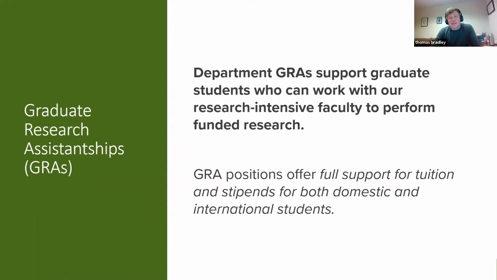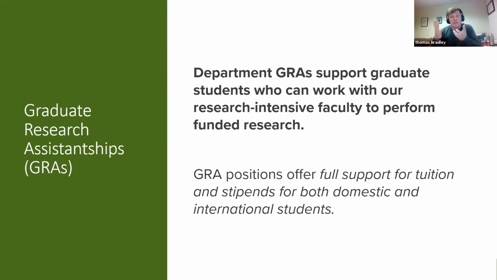Thank you so much. And yeah, the big idea here is that if you are interested in any of these topics that we've been talking about, and you're interested in the Master of Science or the PhD program, then we have graduate research assistantships that are available to be able to support students to go through our program.